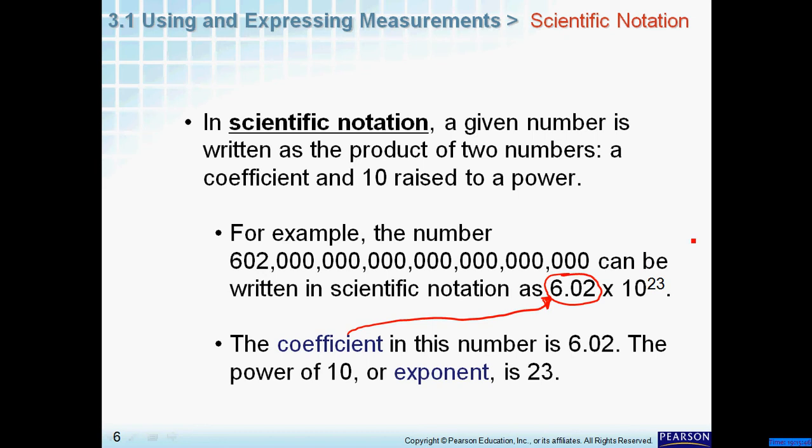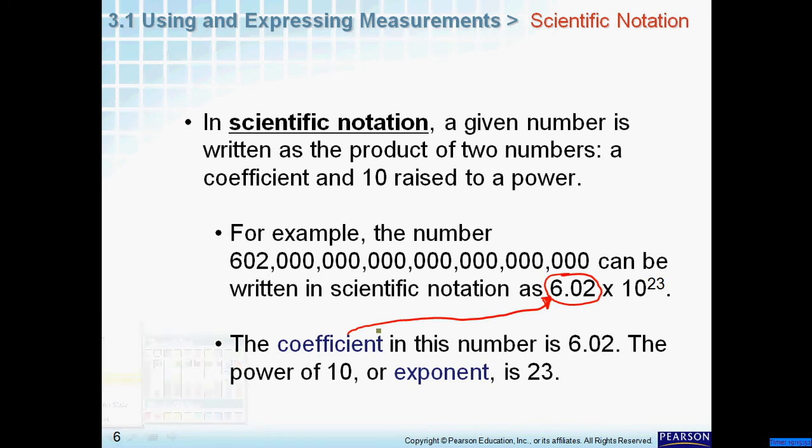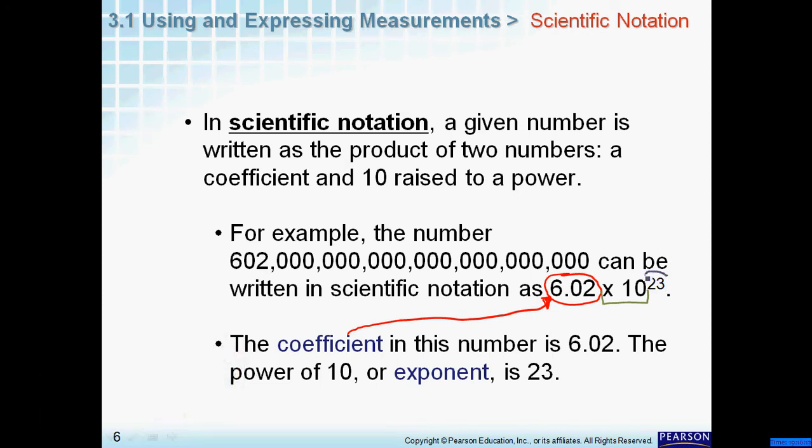The next part is the times 10. Times 10 will always be the same. Anytime you're using scientific notation, it'll have a coefficient and the times 10, and finally our last part, which is the exponent. The exponent is whatever exponent we're putting on the 10. This is the exponent.